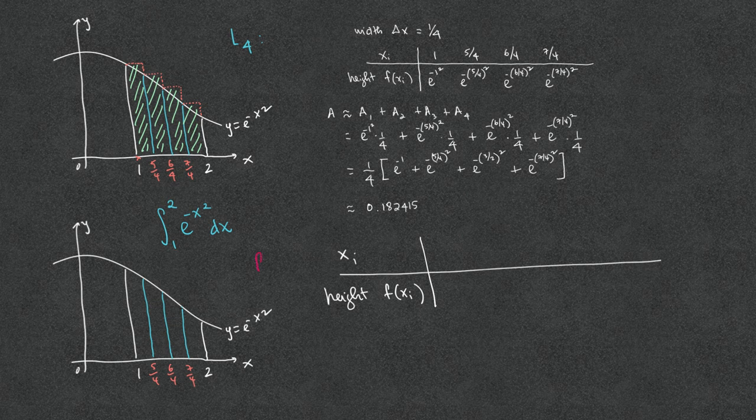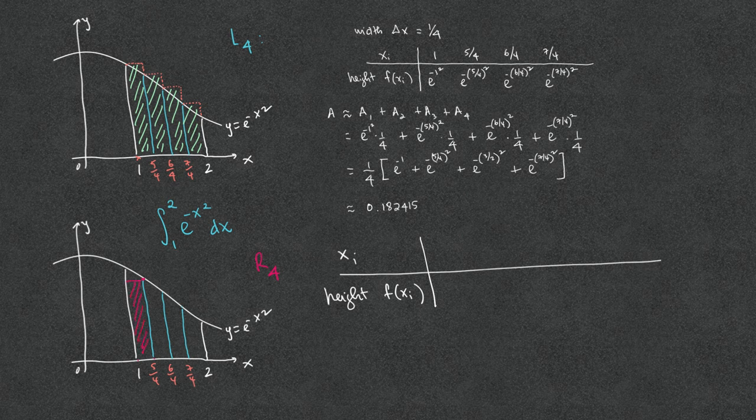Using the right sum R4 to estimate the integral, for each of the intervals, we would use the right endpoint to obtain the height of the rectangle. From 1 to 5 over 4, we would use x equals 5 over 4, go up to the graph to obtain the height of the rectangle. This time, to draw a rectangle, we would go to the left.